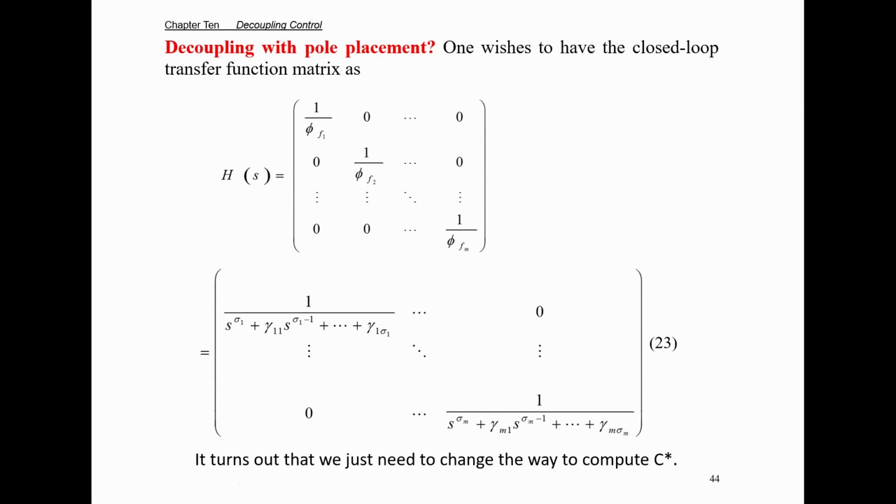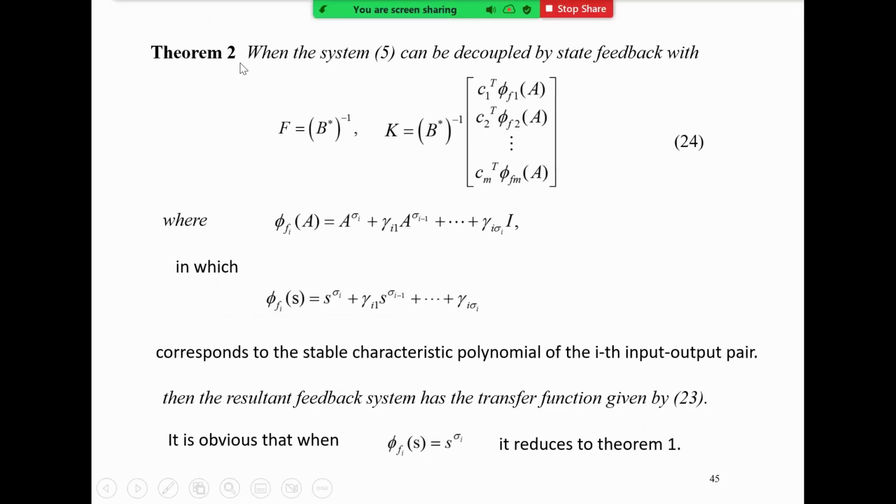It just turns out we just need to change the way to compute the C star. Okay, so therefore, here I just stated theorem 2. We don't change the way to compute the B star. B star keeps the same. It's just this one, this corresponds to the C star. But here we define it differently.